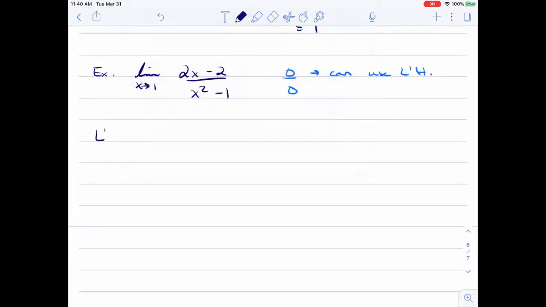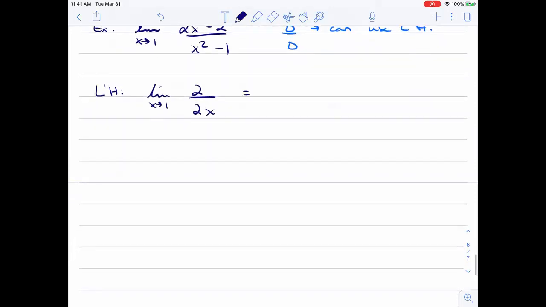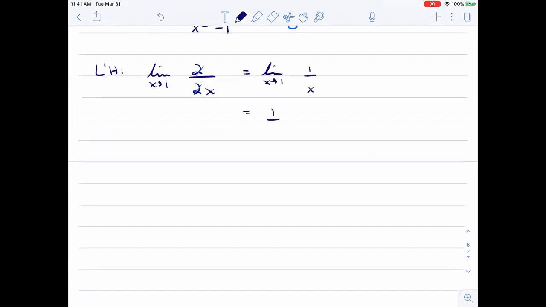So then L'Hopital's rule says that's the same as the limit as x approaches 1 of the derivative of the top, which is just 2, over the derivative of the bottom, which is 2x. We can cancel these 2's, so we get 1 over x. So that's the limit as x approaches 1 of 1 over x, which is 1 over 1, which is 1.